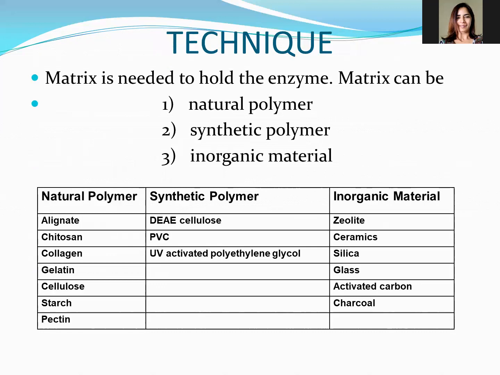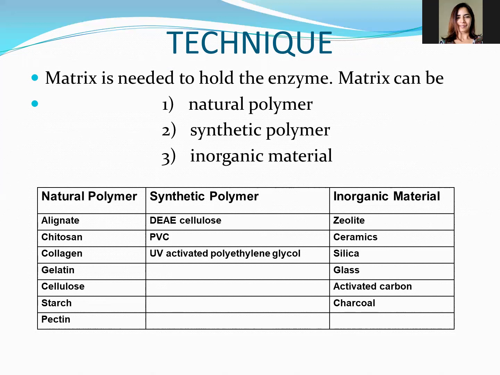The technique used in immobilization of an enzyme requires a support or matrix, which can be a natural polymer, a synthetic polymer, or an inorganic material. The characteristics of the matrix are of paramount importance in determining the performance of the immobilized enzyme system.